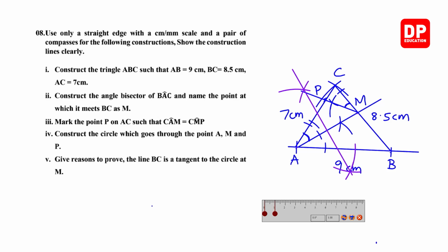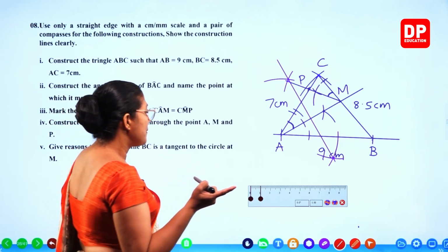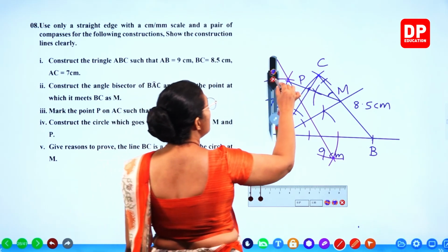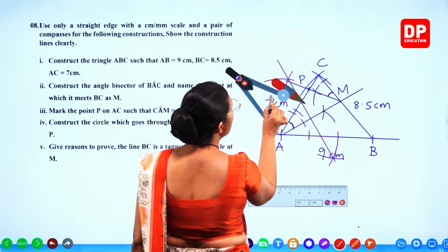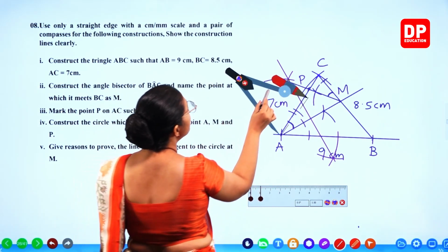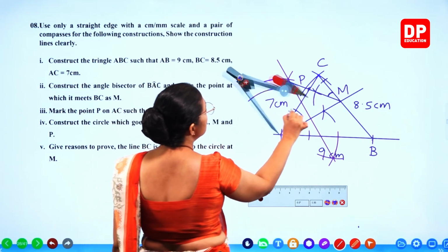That's one perpendicular bisector. So we have to draw another perpendicular bisector. Let's take the AP side. So again take the compass. You take more than half of the length of AP, and you can draw an arc above and below.